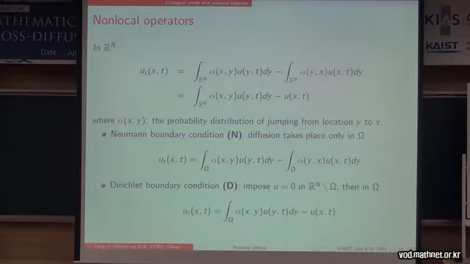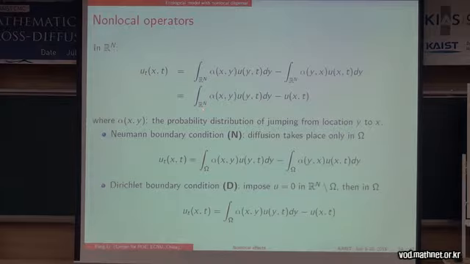Then, in particular, corresponding to the Neumann boundary condition for the local case, we assume the diffusion only takes place in omega. Suppose x here is in omega, and if y is outside omega, then the probability becomes 0.